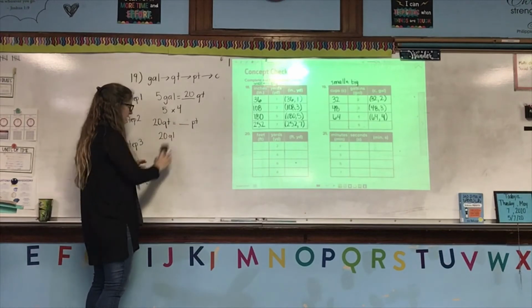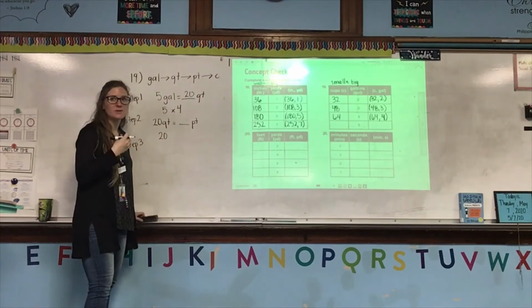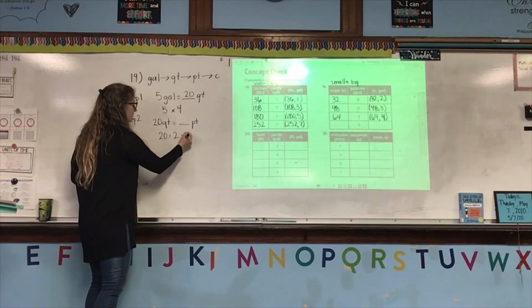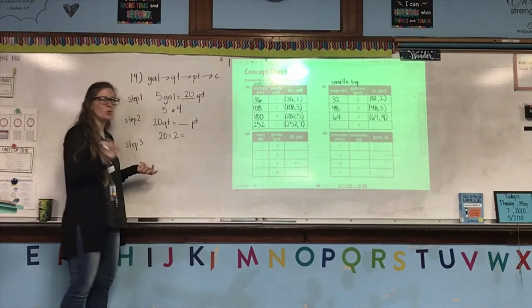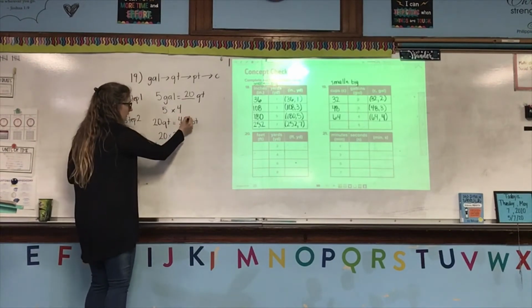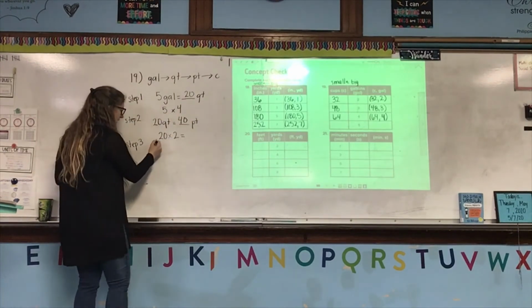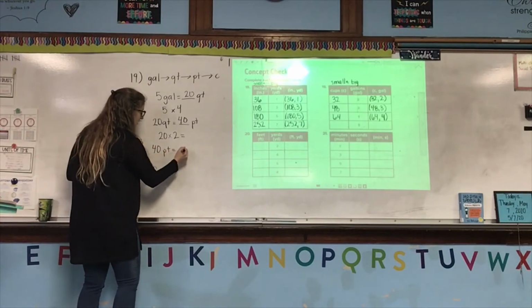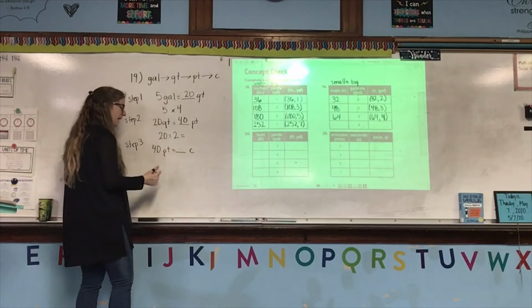I'm taking my 20 quarts, multiplying it by the number of pints, which is 2. 20 times 2, we can use basic facts and patterns. It's 40 pints. Now, last step. How many cups are in 40 pints?